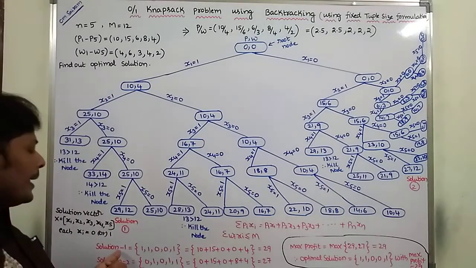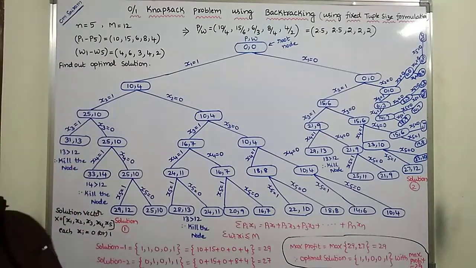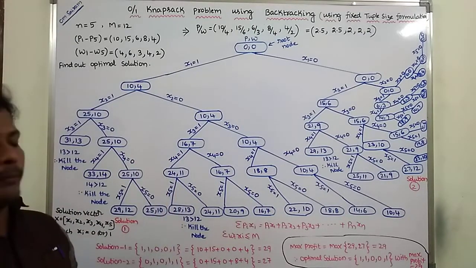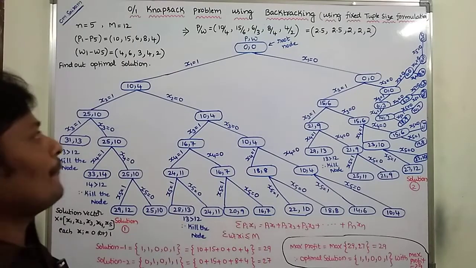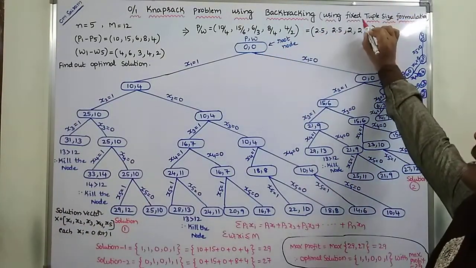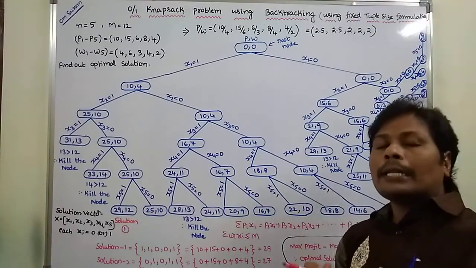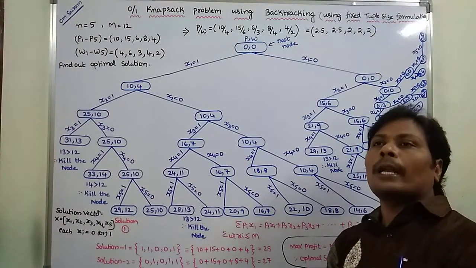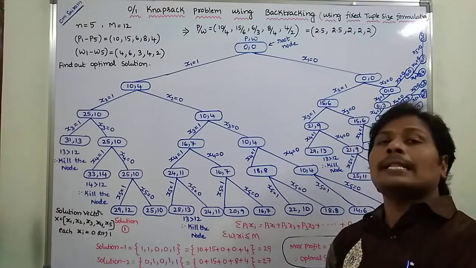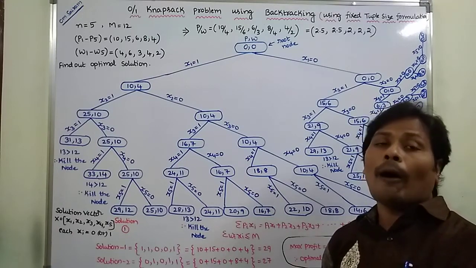Okay. How are we getting this optimal solution? By using this data for the given problem that we are discussing. Before going to this problem, there is the fixed tuple size formulation. What is fixed tuple size formulation? That means each xi can take two values, either 0 or 1.